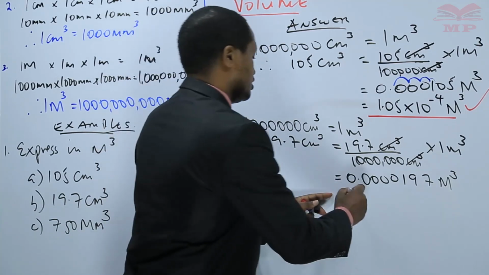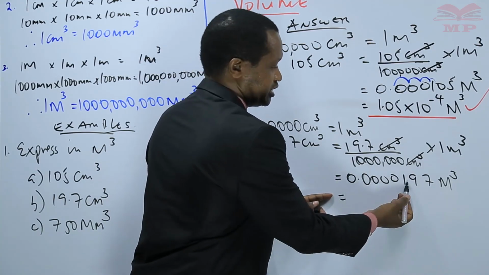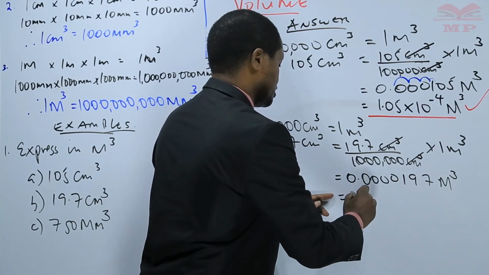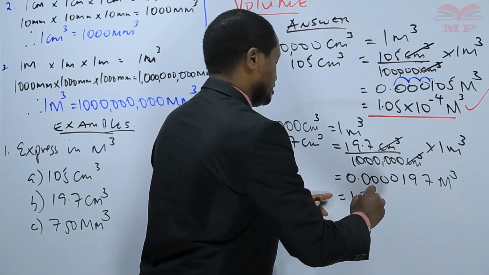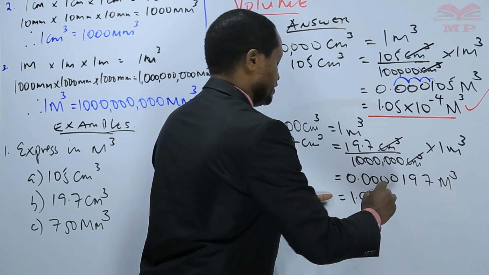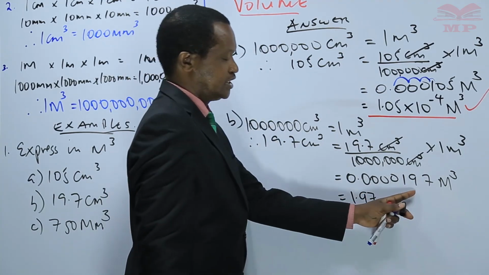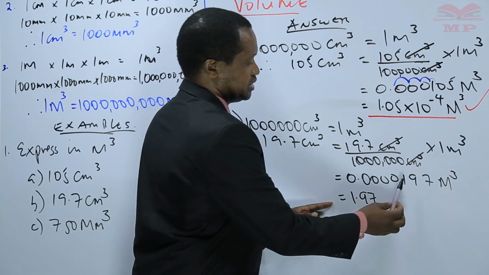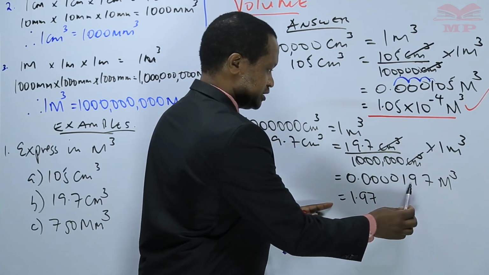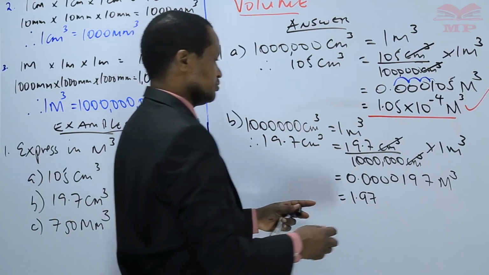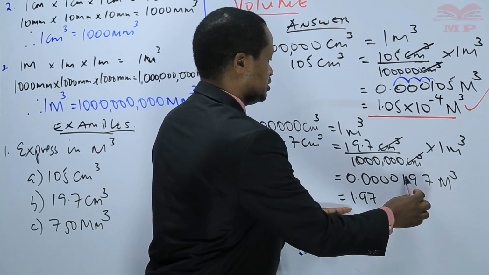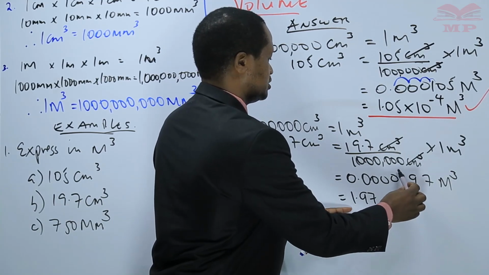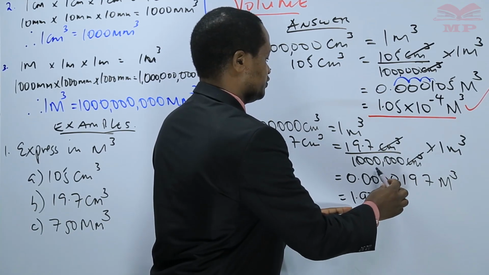We put a decimal point immediately after the 1, that's 1.97. If you are putting a decimal point after 1, we move how many times? 1, 2, 3, 4, 5.